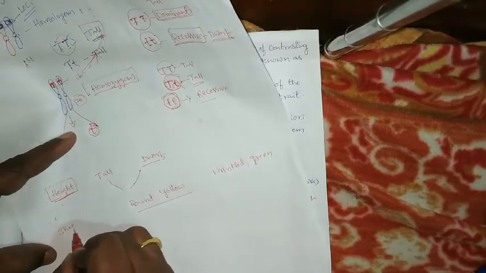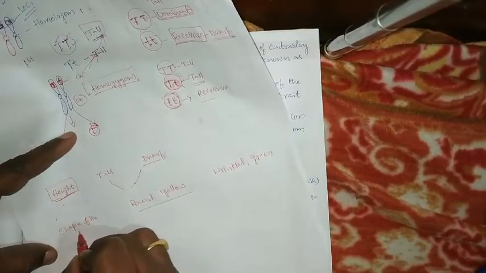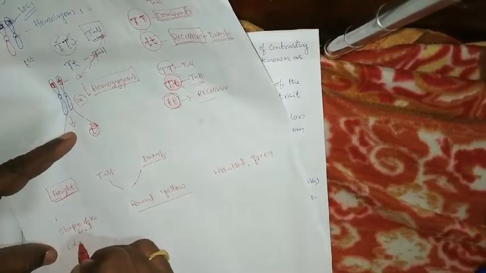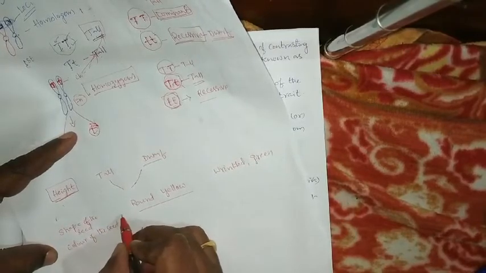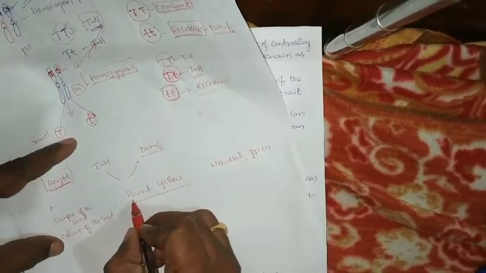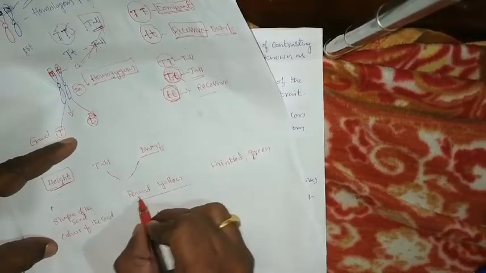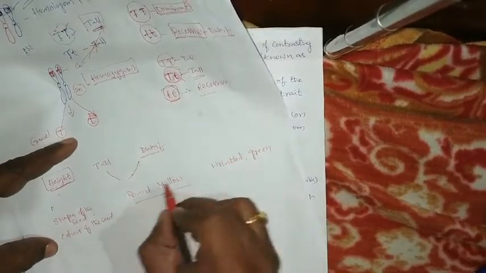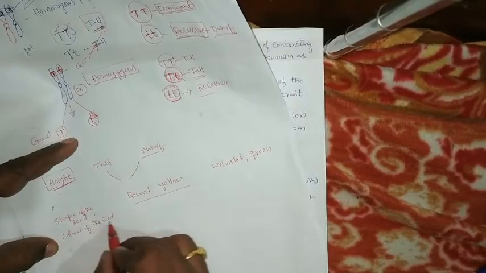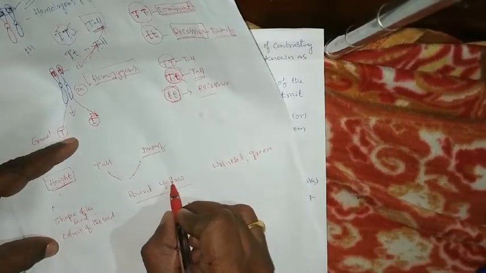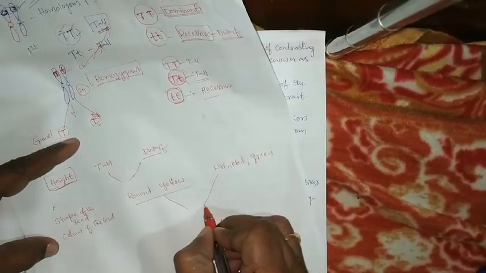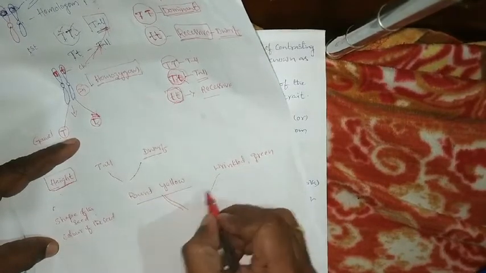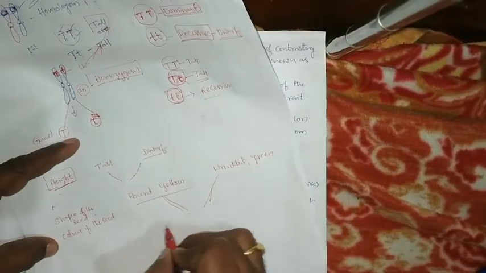The shape of the seed and the color of the seed. The alternative forms of seed shape are round and wrinkled, and the alternative forms of seed color are yellow and green. When we cross plants based on these two characters, it is called a dihybrid cross.